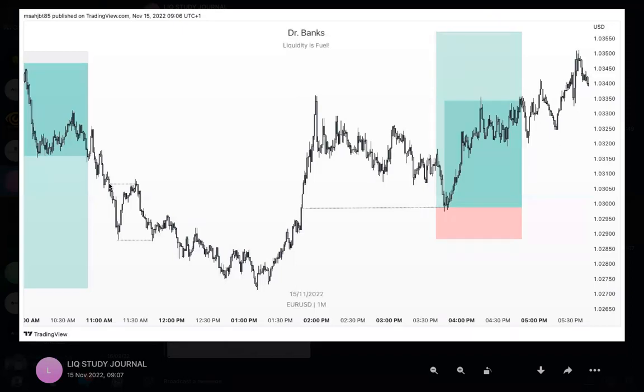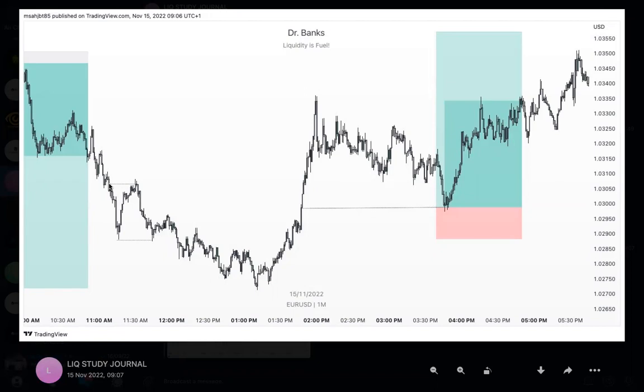How do we identify internal liquidity in price? I mean, I can show you, I just can't really describe it. Okay, I need somebody that has the answer.